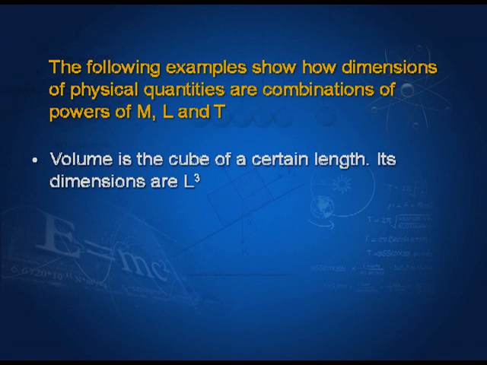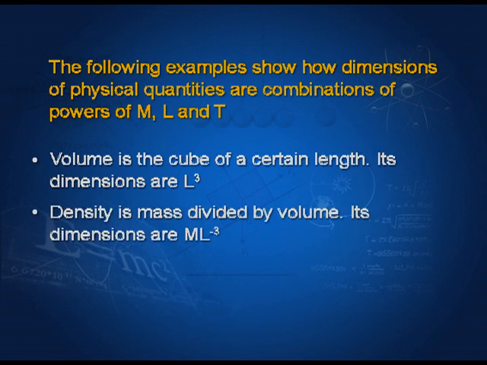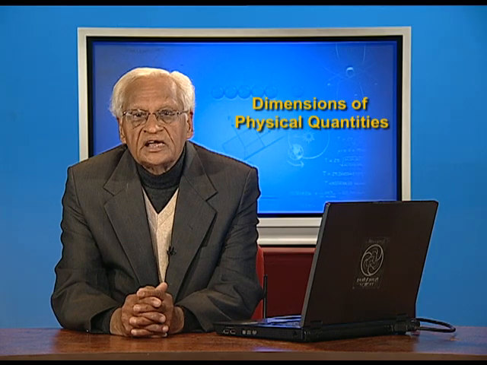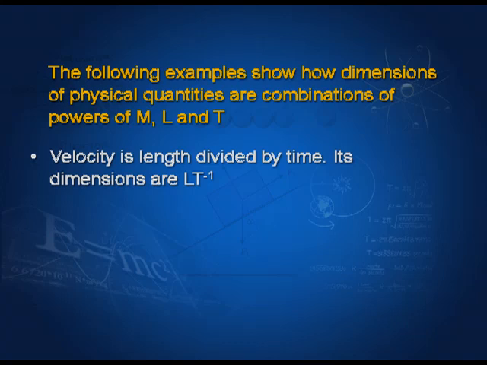So, its dimensions are L to the power 3. Density is mass divided by volume. Therefore, its dimensions are M L to the power minus 3. Velocity is length divided by time. Its dimensions therefore are L T to the power minus 1.